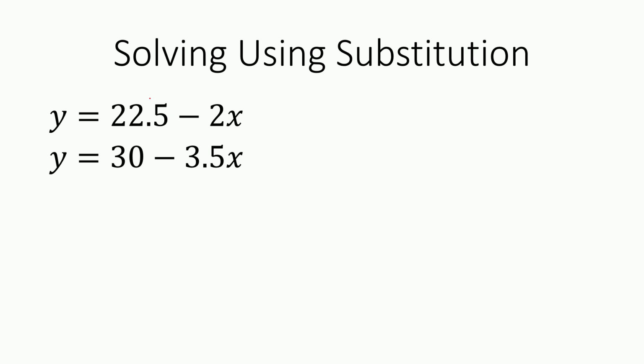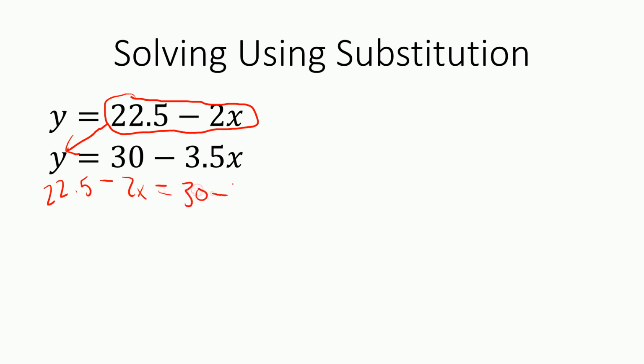What we do is we're going to take this expression, because it's equivalent to y based on its equation, and we're going to substitute it for y in this second equation. So our new equation: 22.5 minus 2x equals 30 minus 3.5x.